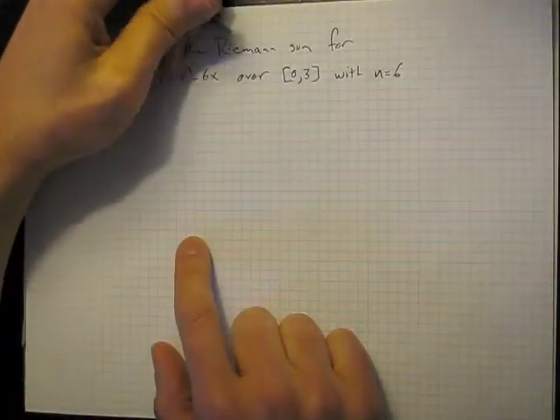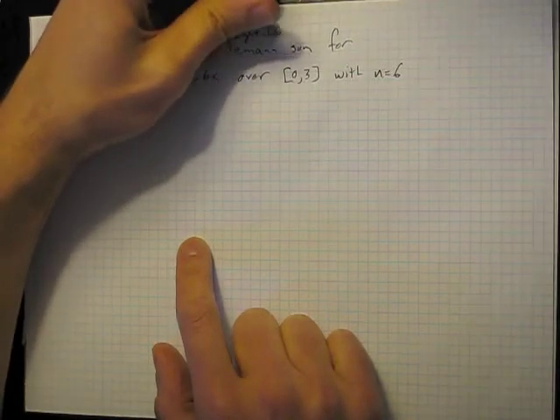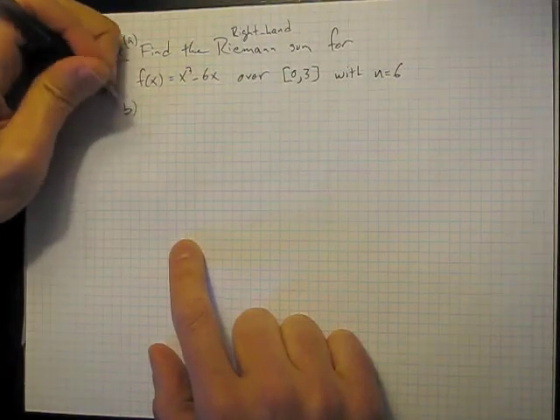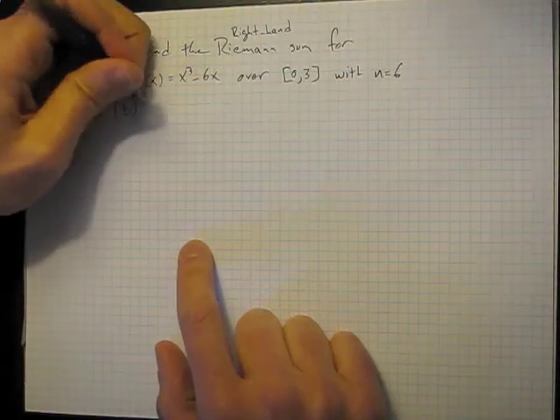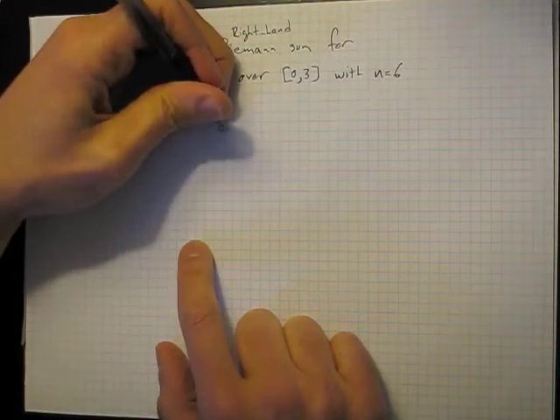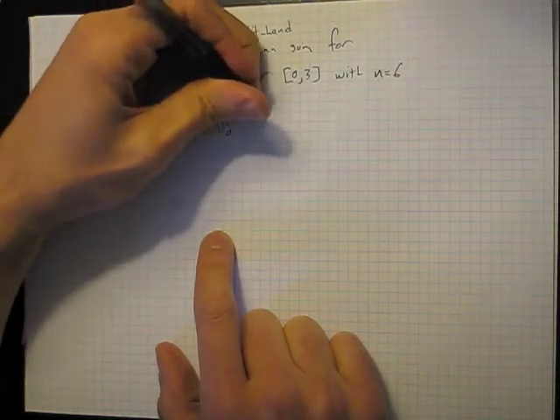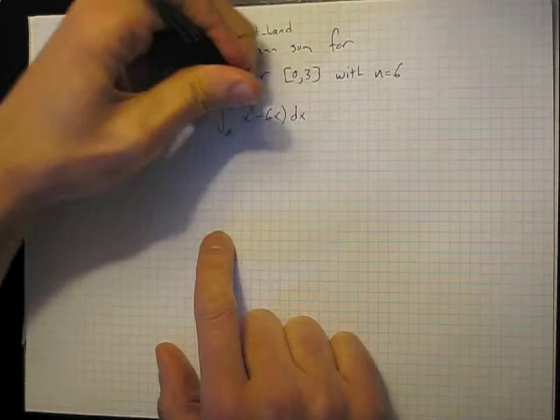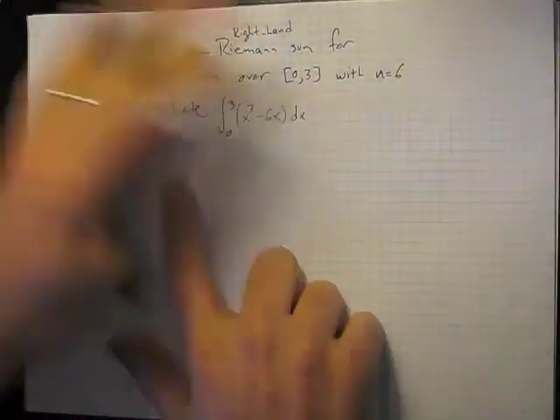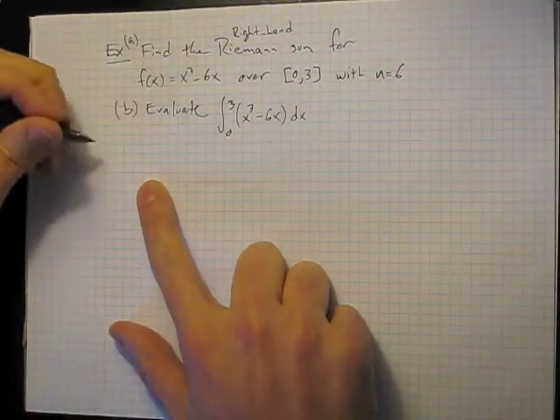Let's make this a right-hand Riemann sum. And then part B is let's evaluate the definite integral of this function.